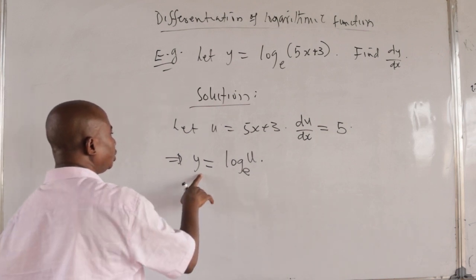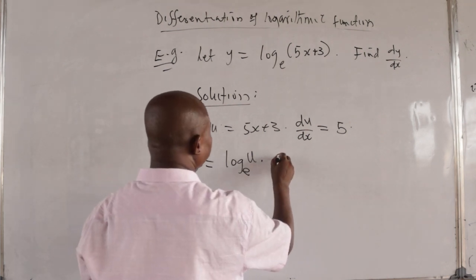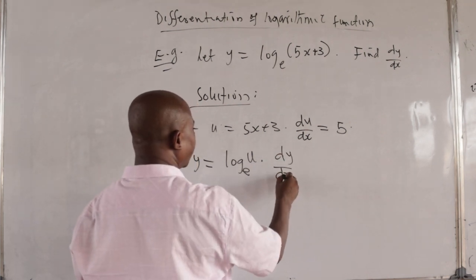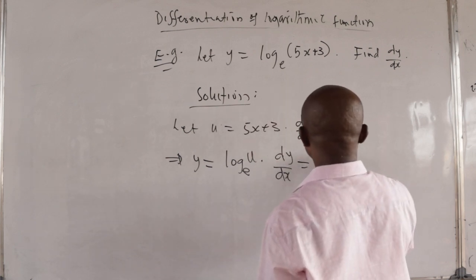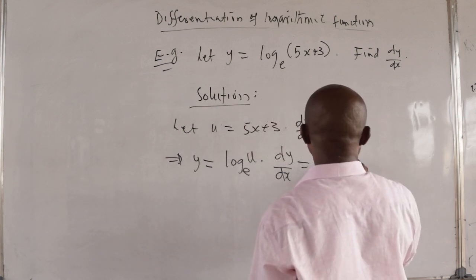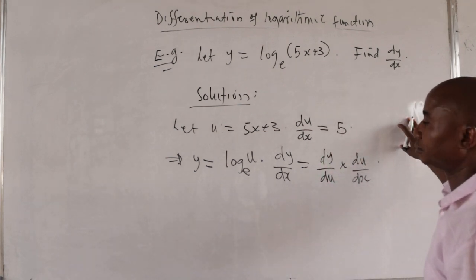So to differentiate y with respect to x, dy with respect to x is, by the chain rule, dy with respect to u multiplied by du with respect to x.